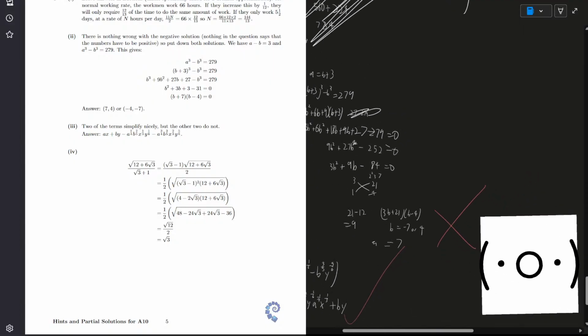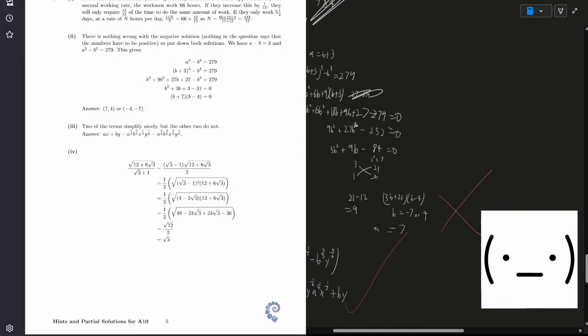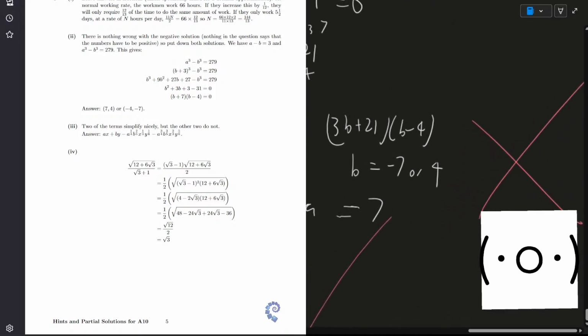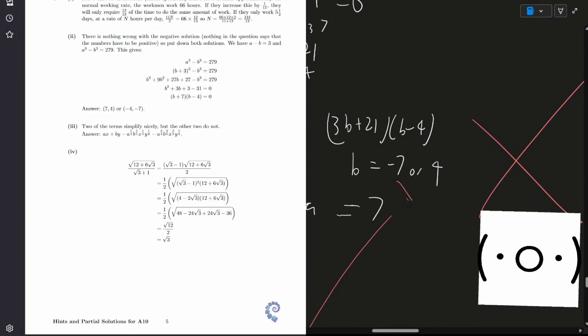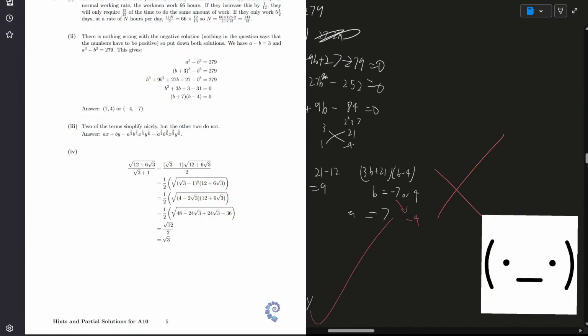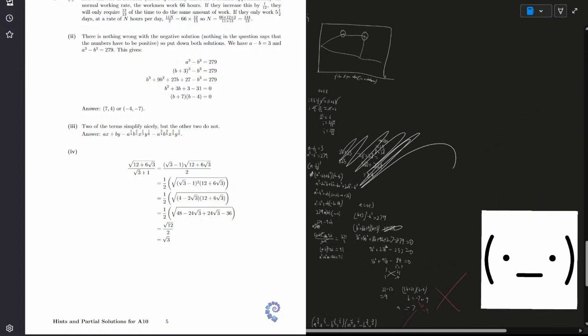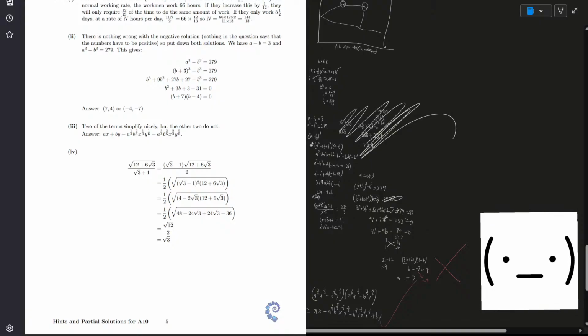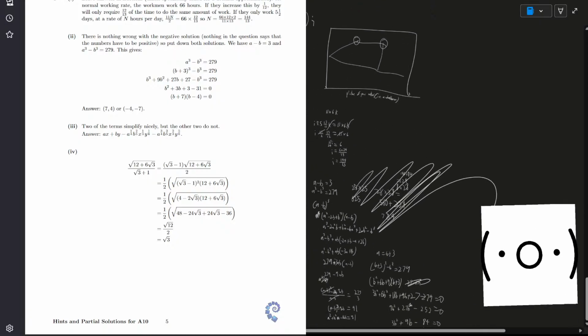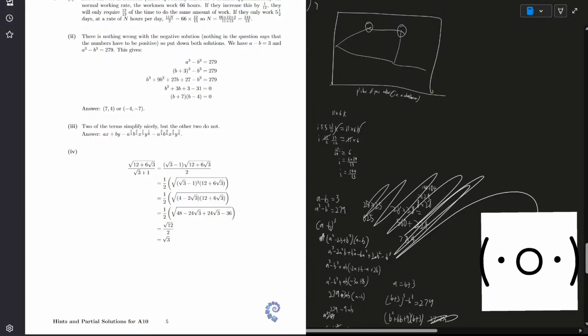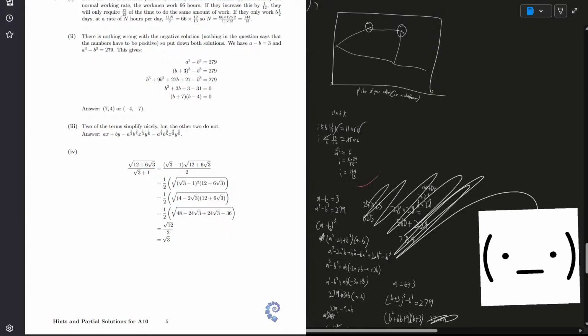Really? Really, blood? There's nothing wrong with the negative solutions. I forgot about it. It's fine. Why did I assume it was going to be negative? I'm a dumbass. It's correct.